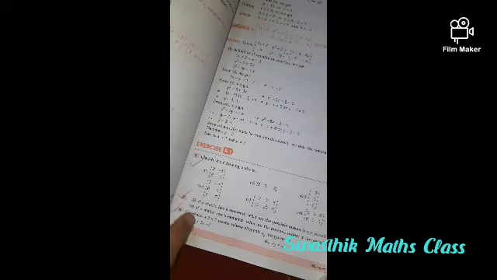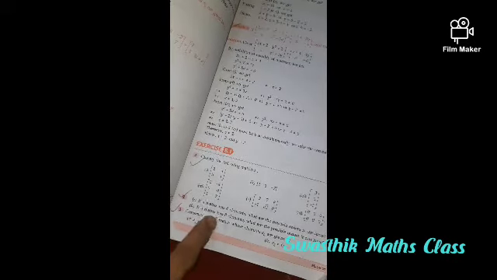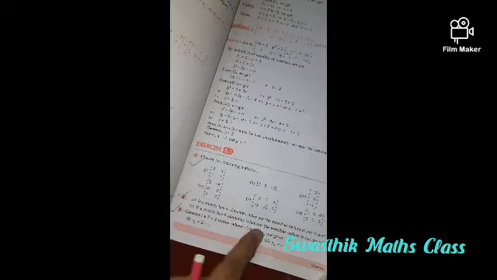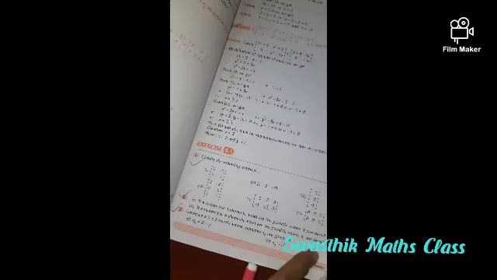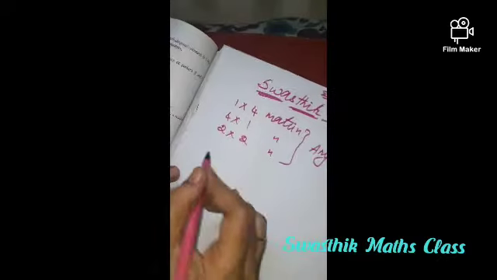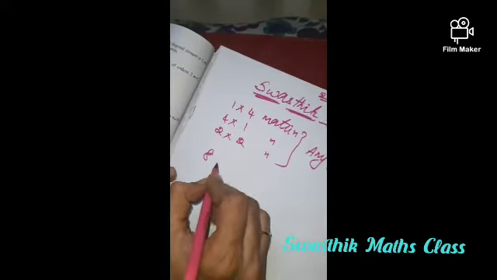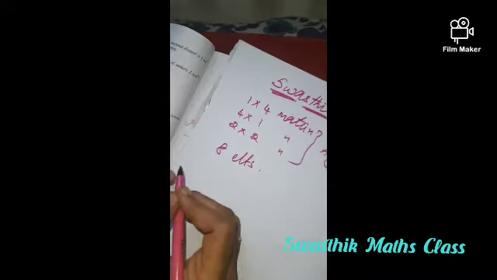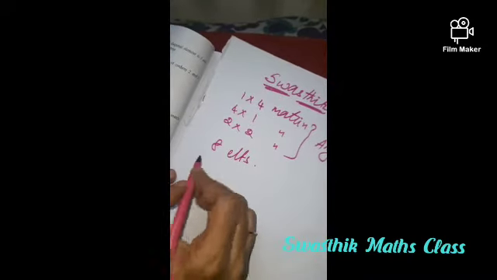Similarly, if you look at the second subdivision of the second problem, what is asked? If a matrix has 8 elements, what are the possible orders it can have? Instead of 4 elements, here we are given 8 elements. What are the possible orders of matrices we can form? That is the question. So, the total number of elements in our hands is 8. How many possible orders are there?